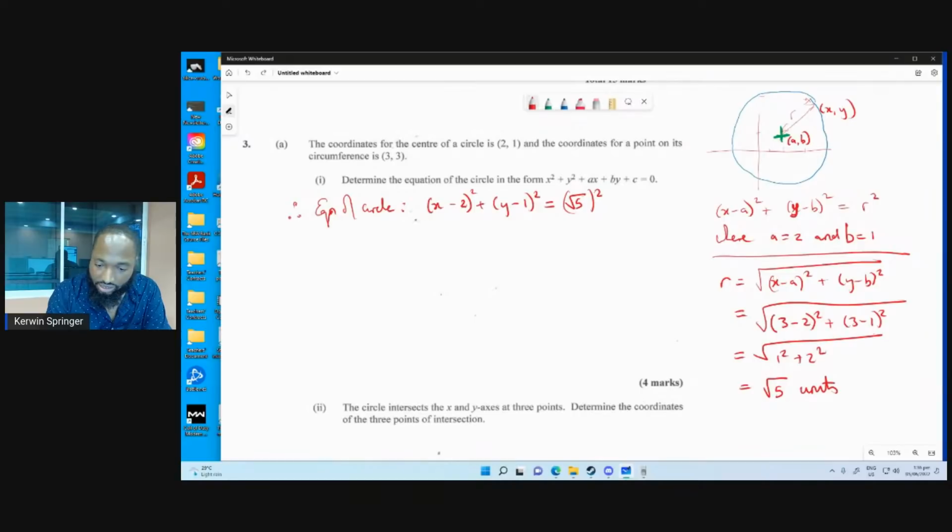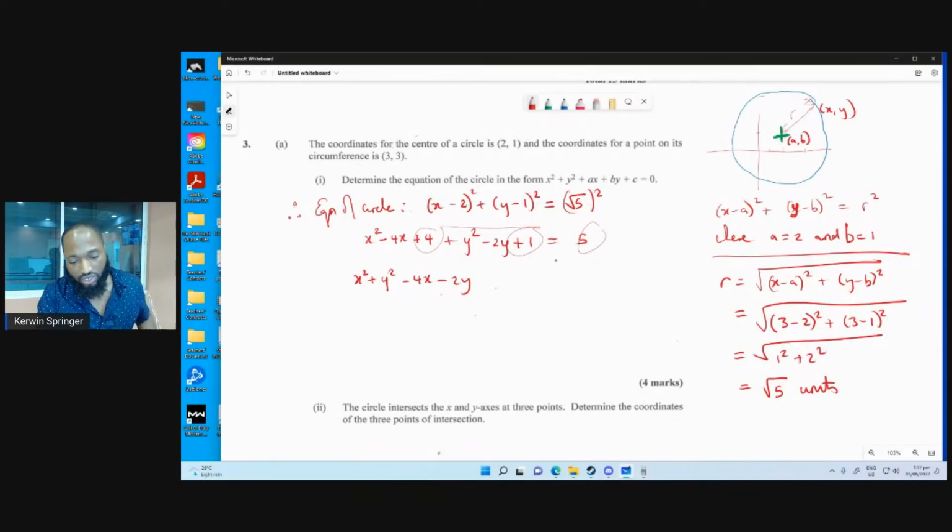And then we're going to mash it up, so this is going to become x squared minus 4x plus 4 plus y squared minus 2y plus 1 is equal to 5. So you get x squared plus y squared minus 4x minus 2y plus 5 minus 5. So this turned into 5, and you have 5 on the side, so it just equals 0.